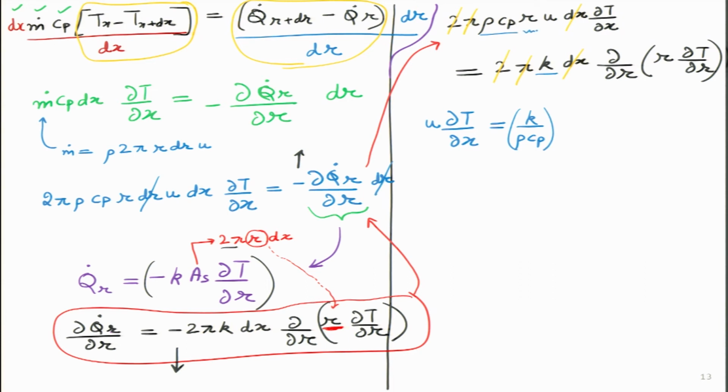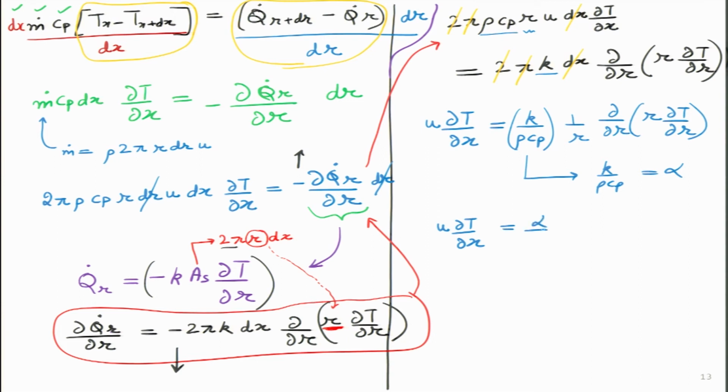Second term, this r will go on the right hand side, so it will become 1 by r del by del r, r del t del r. Now, I will ask another question to students, what is this value k divided by rho Cp? I think people remember this is alpha, thermal diffusivity. So, let me put it over there. So, this has become very simple now. U del t by del x is alpha by r del by del r, r del t del r.